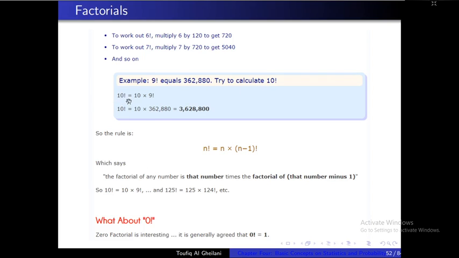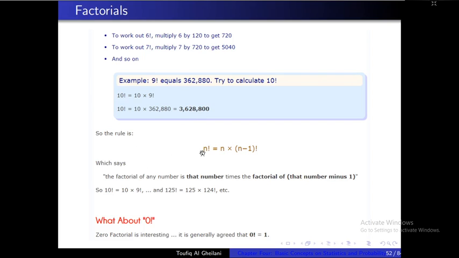So 10 factorial equals 10 times 9 factorial. So 10 factorial equals 10 times the value of 9 factorial, which is 362,880.